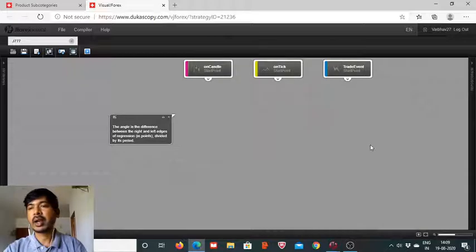Here you can add the various indicators and other components as per your requirement to build an automated trading setup. These are the start points: on candle, on tick, and trade event.